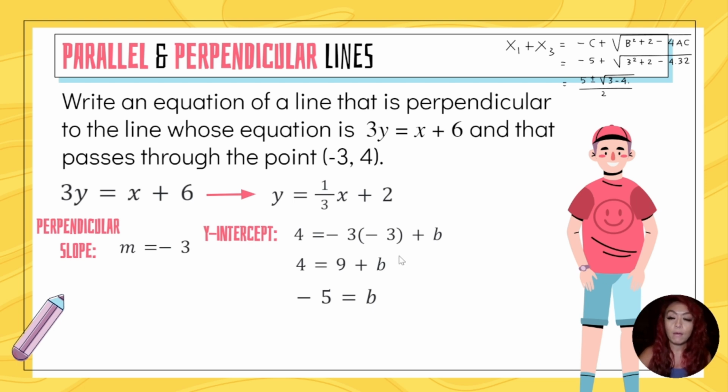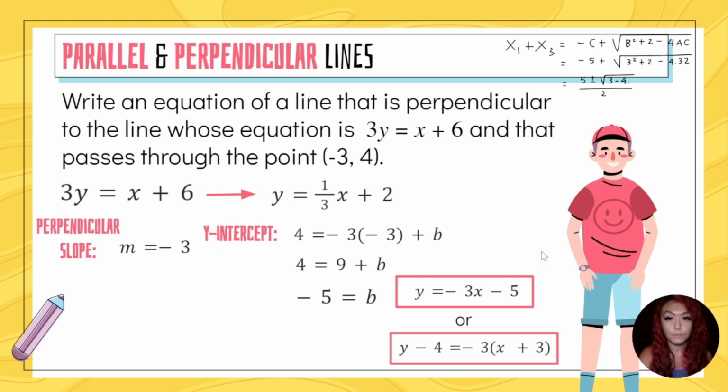So now we have our slope and our y-intercept. So we can write our equation in slope-intercept form, and we get y equals -3x minus 5. Or you can choose to write your equation in point-slope form, and you would get y minus 4 equals -3 times the sum of x and 3.